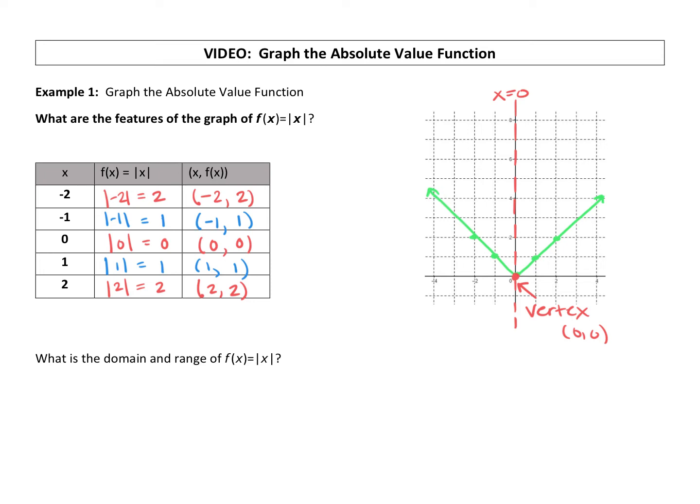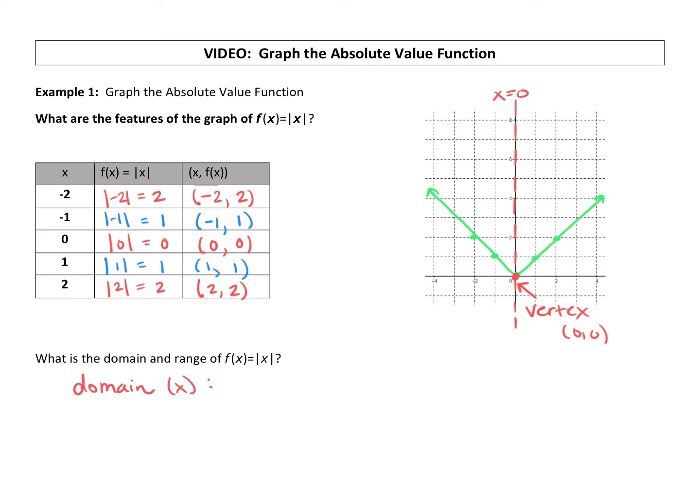Okay, let's talk about the domain and range of our absolute value function. So if you remember, the domain represents our input values, which with functions with x and y, that is our x values. So the domain is our x's, right? So let's think about what x values this function will have.